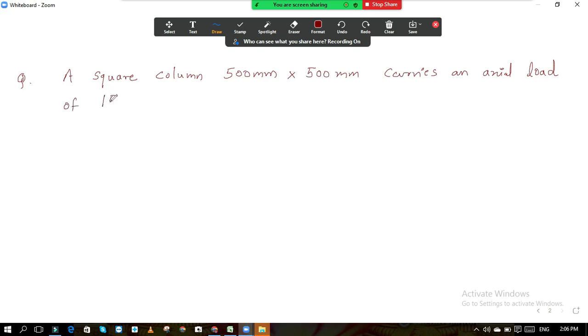This is the load coming from the column acting on the footing. Okay, and the size of the column is also given to you.